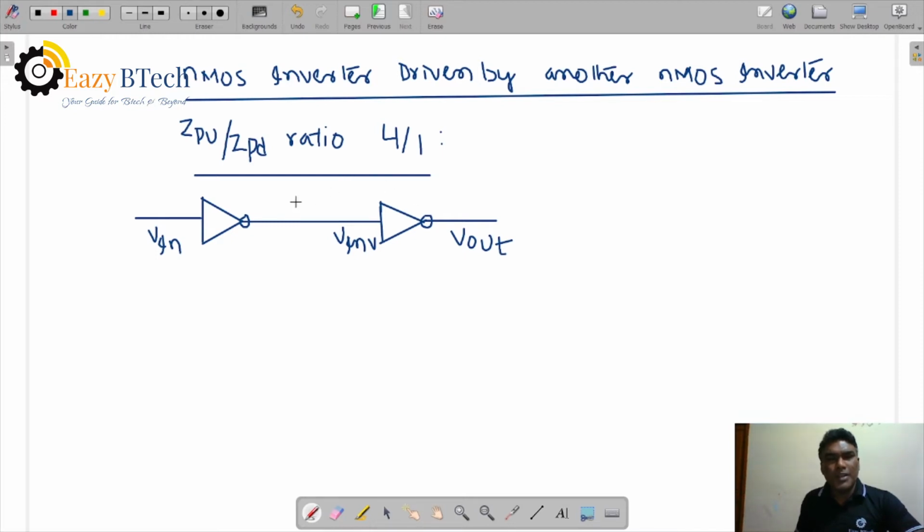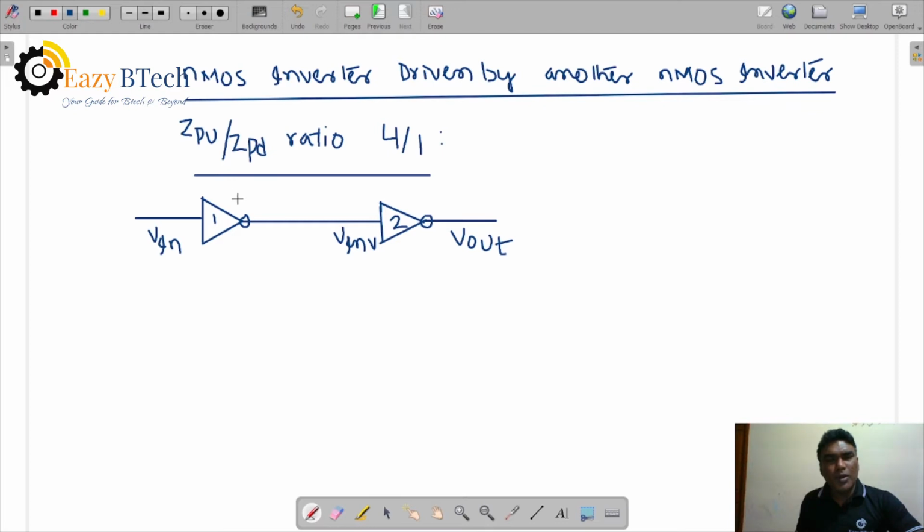Now today we are seeing the NMOS inverter. This is one inverter and this is the second inverter. When these two are connected in cascading connection, what is this jet pull up and jet pull down ratio? So jet is an impedance. We can take this ratio as L by W. L is the length of the channel.